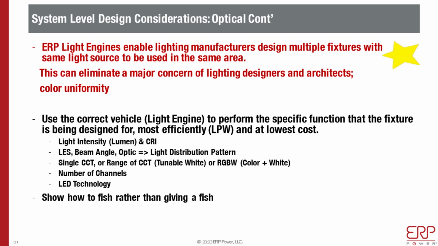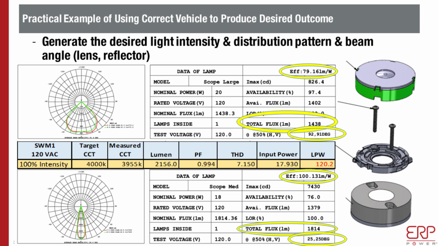So what I want to do in this next section is basically show you how to fish rather than giving you a fish. Because as I said, we have multiple fixtures and multiple modules that could be used in a variety of fixtures. What I'm showing here are two different Ganyo results. We started with the TWM2, and as you could see, the light pattern is more like a Lambertian, fairly wide.